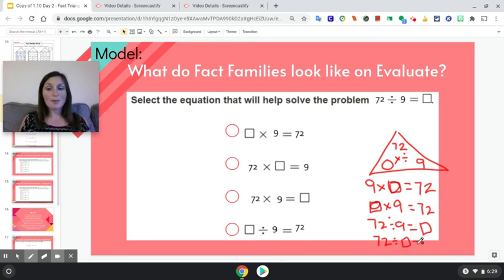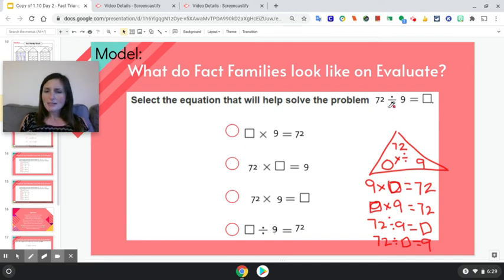So these are the options, right? So I went and spent time writing all these out. This might be something you want to do too now that we're starting. You might want to write out the 4 problems that could be part of the fact family. This could help you. But hopefully, when we get used to doing this and practicing, you won't have to write them out like that.